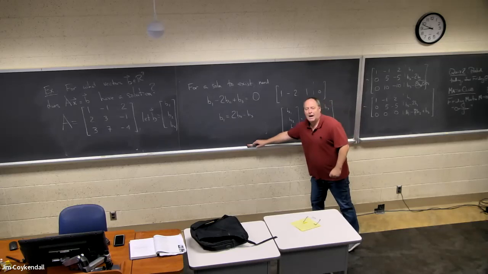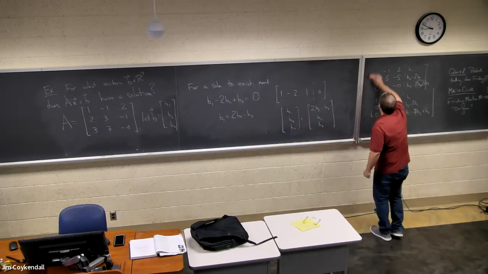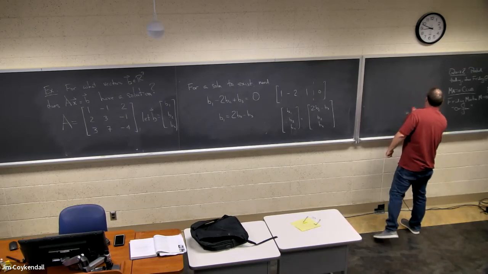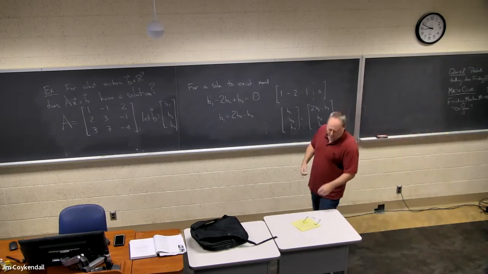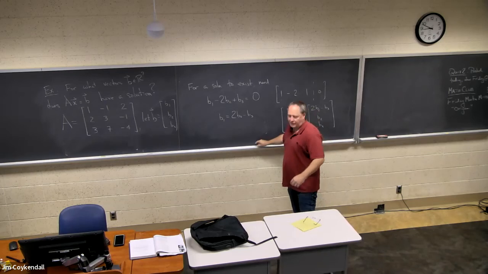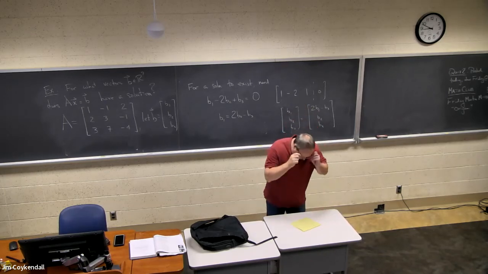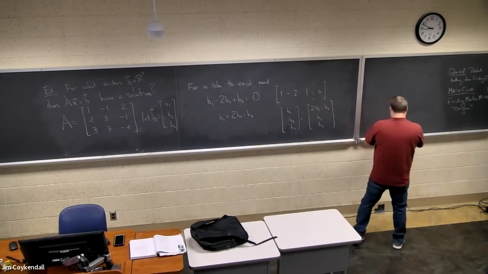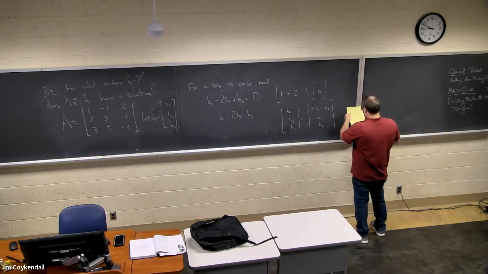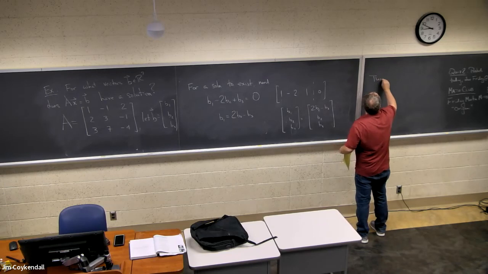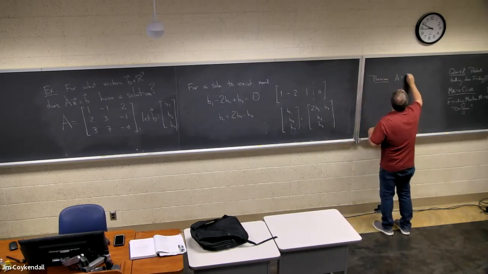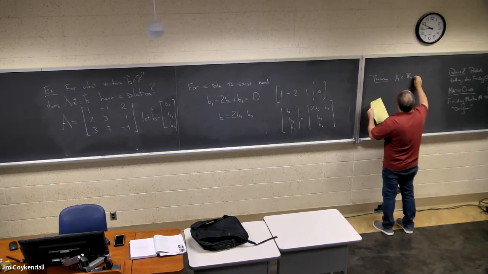Okay, I'm going to report one more theorem for you. And you probably have noticed a lot of this next theorem in what we've been doing. Theorem. Let A be m by n.